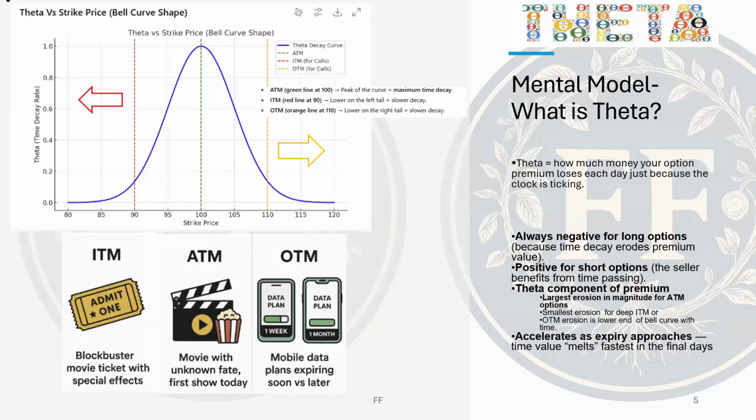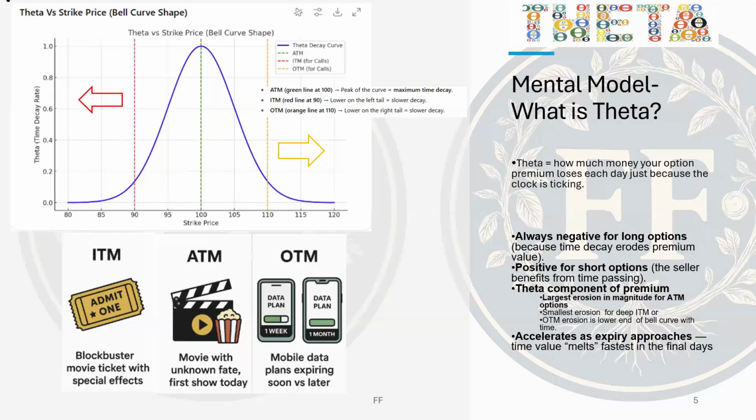So as the day passes by, whether we use the mobile phone or not, the value of the plan, the rental, will slowly start eating away the amount that we paid. So this can be the mental model when we look at OTM.